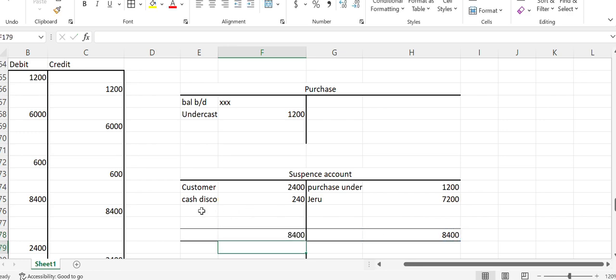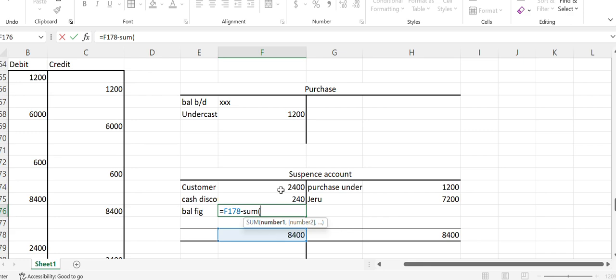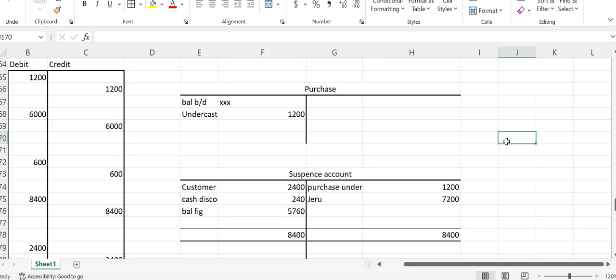So the balancing figure means that the reason why the trial balance did not balance was due to this amount, 5,760. That was the error. The error was the balancing figure, which is 5,760.